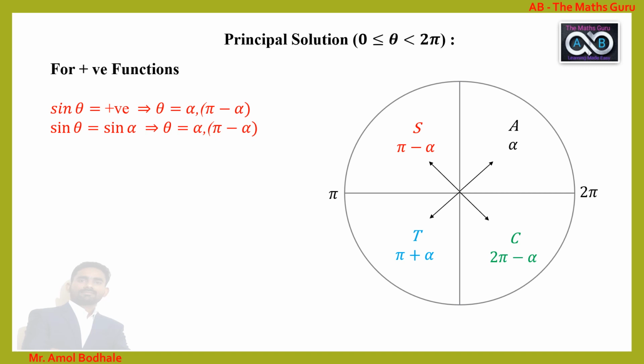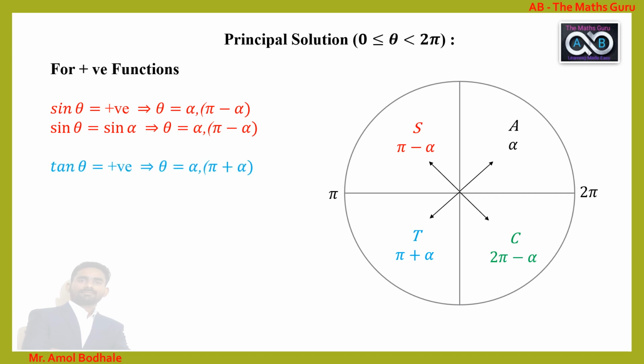How can we remember this? Sine is positive in the first quadrant, so we get one solution, alpha, and sine is also positive in the second quadrant, so we get one more solution, pi minus alpha. Remember that for principal solution we always get two solutions.